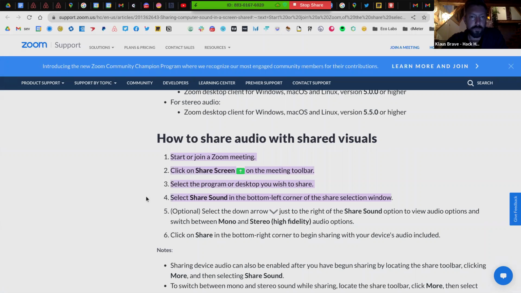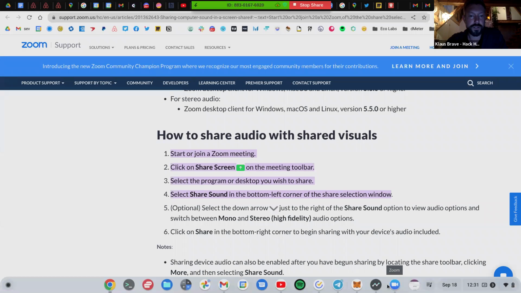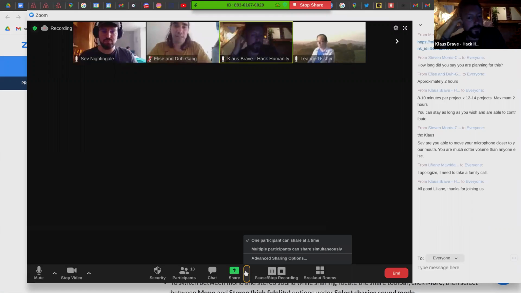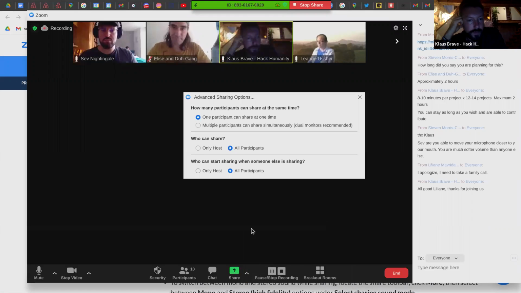When you click the top bar, I think there was an advanced sharing option up in the top bar. Yeah. Oh, there we go. Yeah, advanced sharing options. I think there's a sound one somewhere.